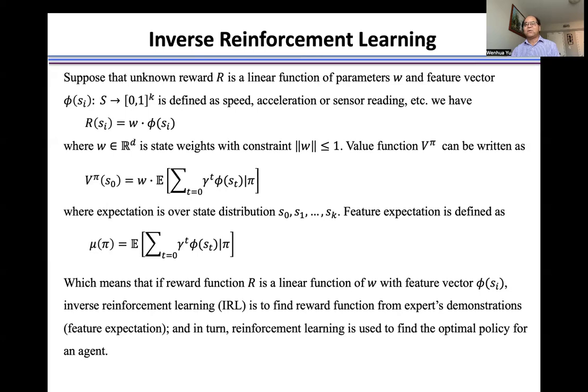In this way, without a manually designed reward function, we can use that reward function in reinforcement learning to find the optimal policy for the agent. The goal is that the policy we find is close to the expert policy, so that the state value function of the learned policy is closer to that of the expert policy.